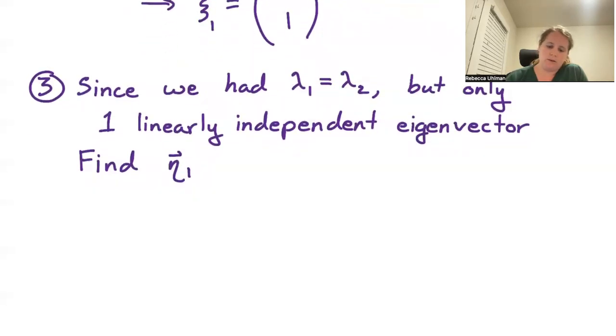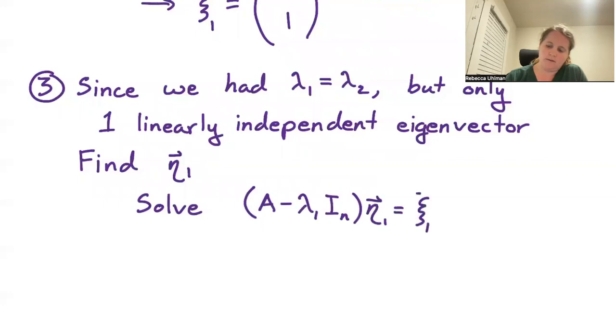And so we will be solving A minus λ1 times the identity times eta 1 as equal to xi1.